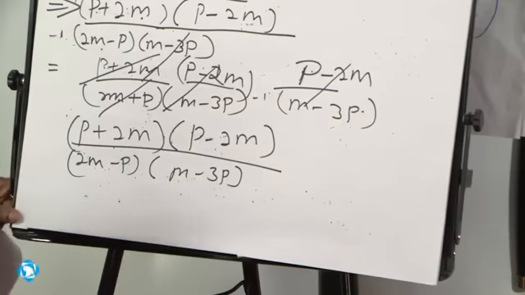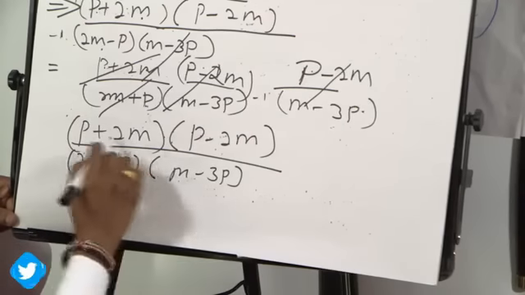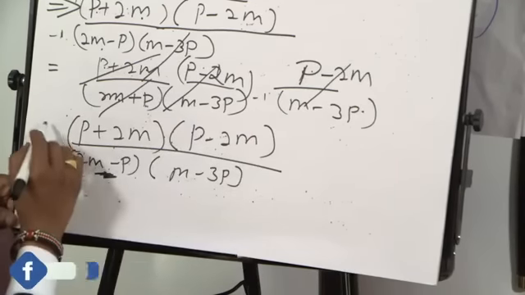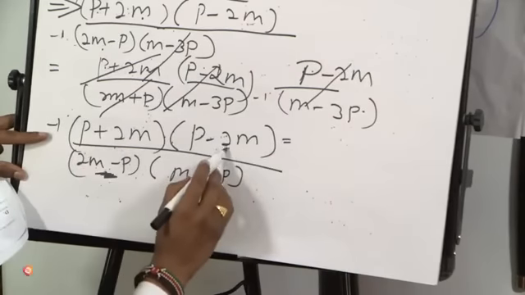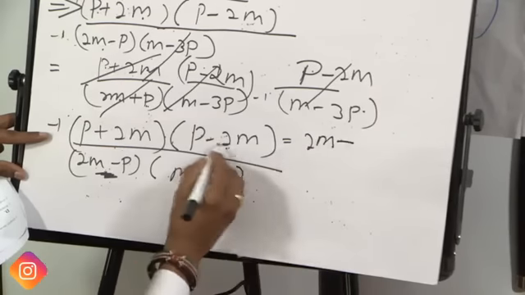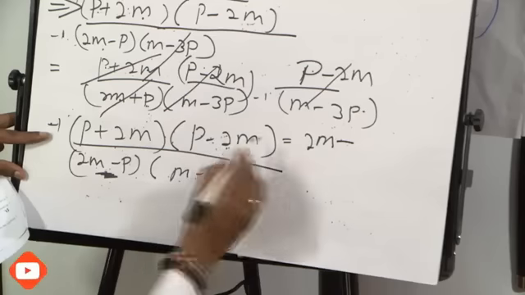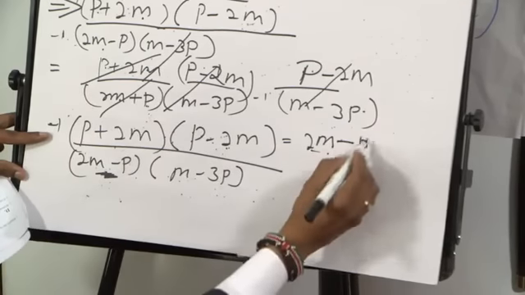So introduce the negative so that at least this becomes a factor of one of these. When you introduce a negative at the top, you multiply this by the negative, you will get 2m minus p. Minus times minus 2m is 2m. Then minus times p is minus p.